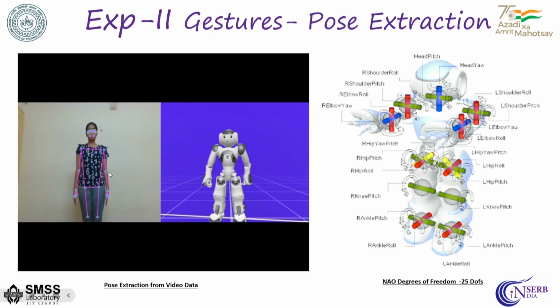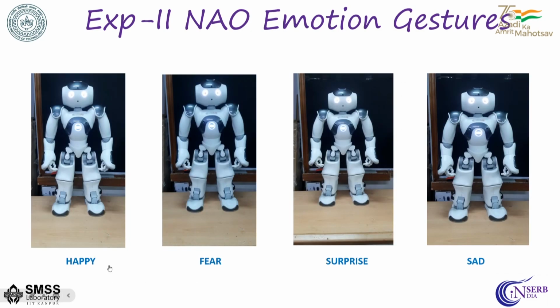And then we see that once these emotions are there, the robot itself plays these emotions by copying from the child, and you will be able to see that all the moods like happy, fear, surprise and sad, NAO is playing, and there is a good kind of a mapping between NAO's emotion and what the child recognizes as a recognizable emotion in the system.